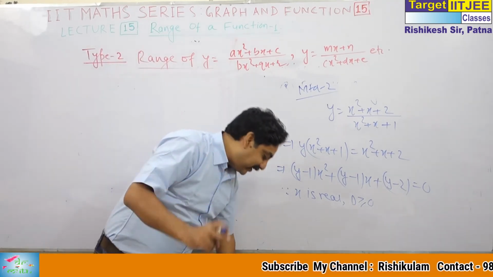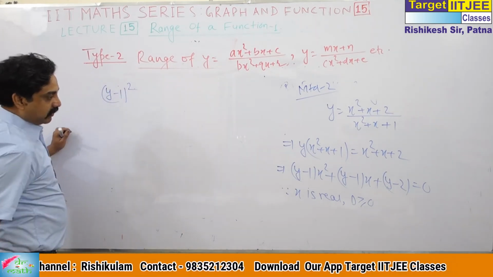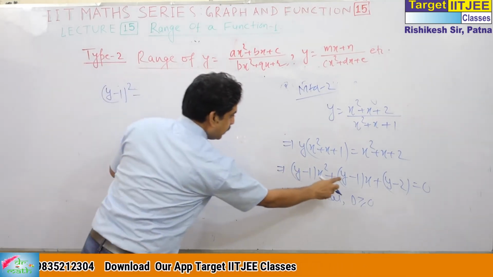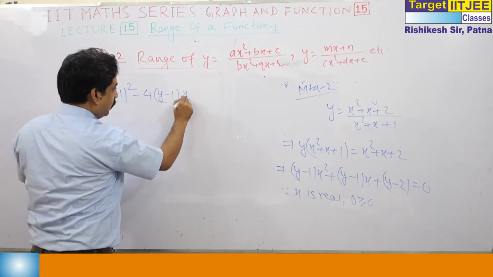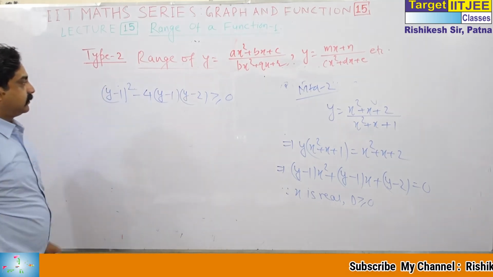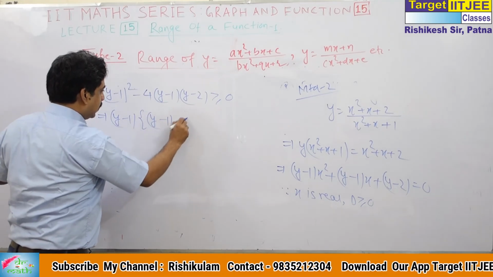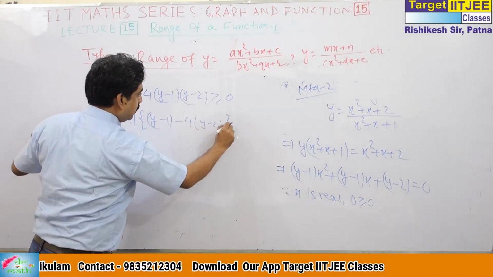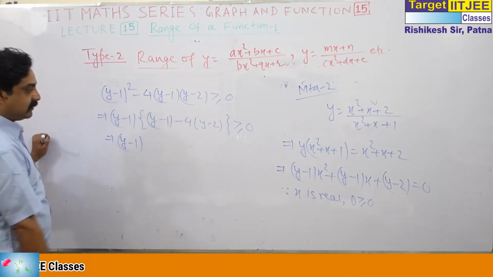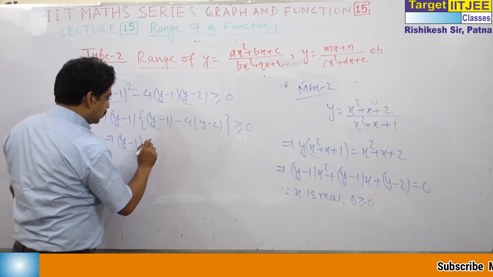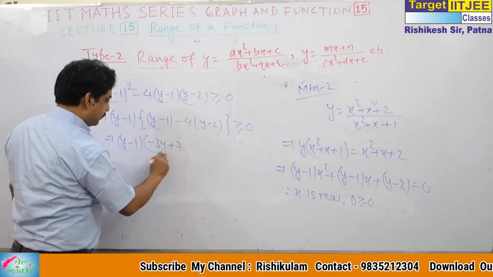But there is one very interesting point because it's an IIT question. B square minus 4ac is greater than or equal to 0, so (y minus 1) square minus 4 into (y minus 1) into (y minus 2) is greater than or equal to 0. Now take y minus 1 common: (y minus 1)(y minus 1 minus 4y plus 8) is greater than or equal to 0. This is y minus 1 times minus 3y plus 7.